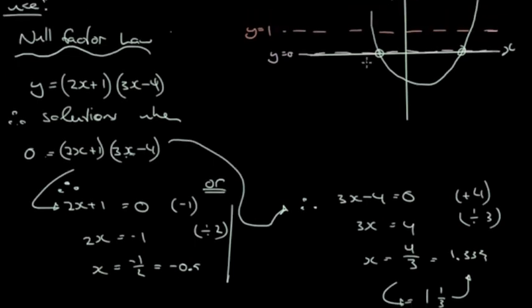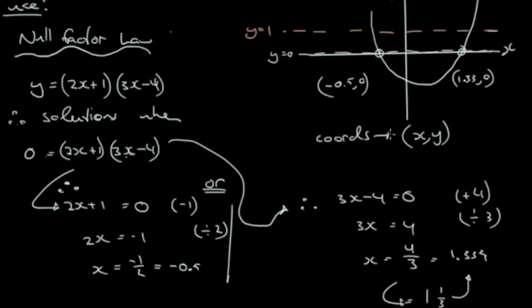And so this point could be negative 0.5, 0, because 0 is the y value, and this point could be 1.33, 0. Remember, we talk about our coordinates in terms of x, y. So that's just using the null factor law.